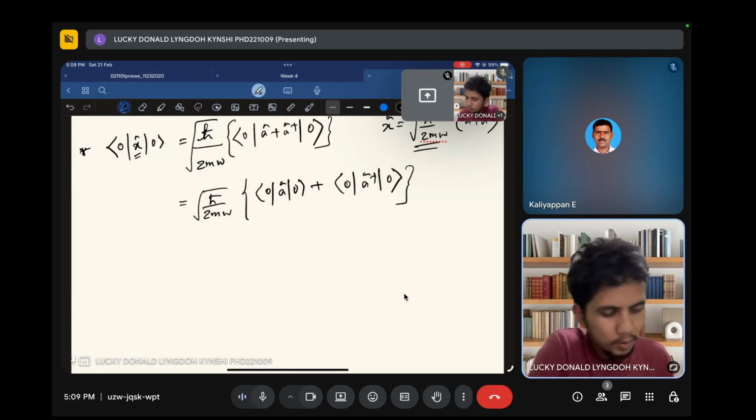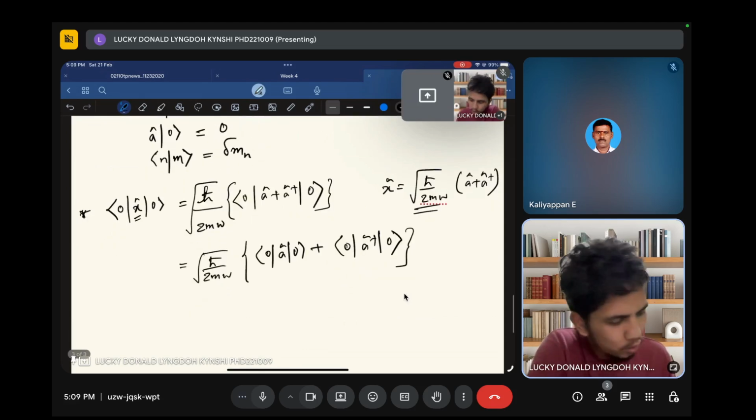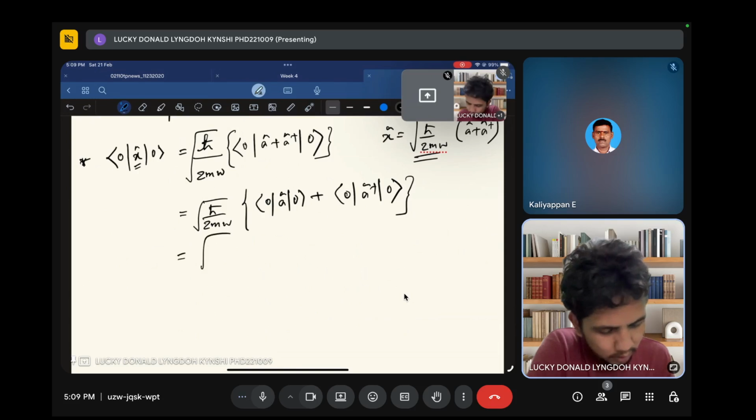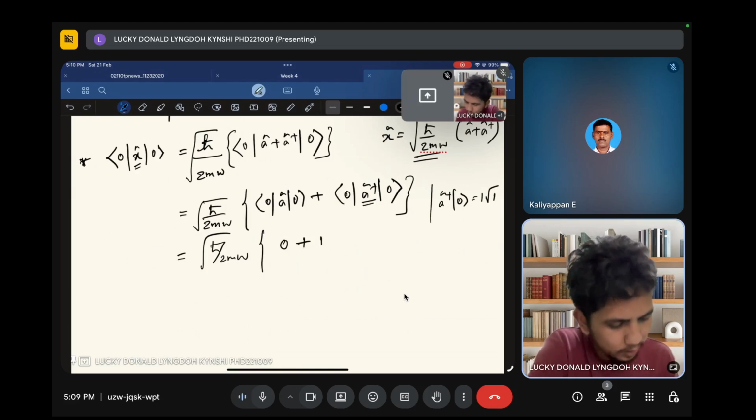If you use the formula which I have given you, a cap dagger on 0 will be root over 0 plus 1, root over 1. You just substitute 0 instead of n. So the term a cap on 0 will go to 0, plus a cap dagger on 0 will be 1, root over 1, correct? So you will get the bra 0 with ket 1, because a cap dagger on 0 is equal to the state 1.